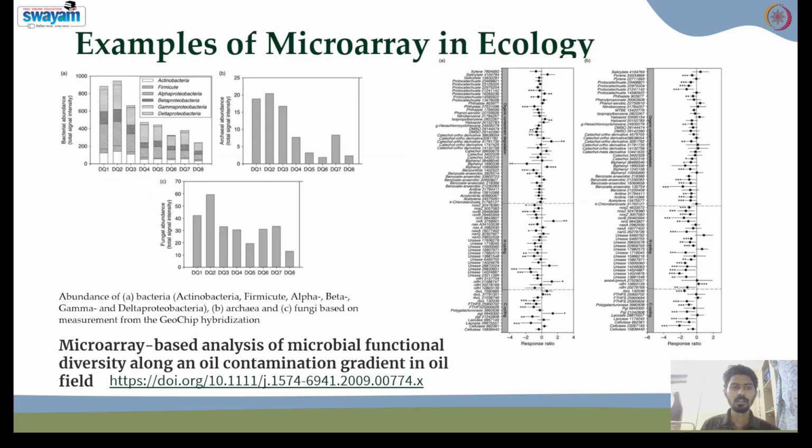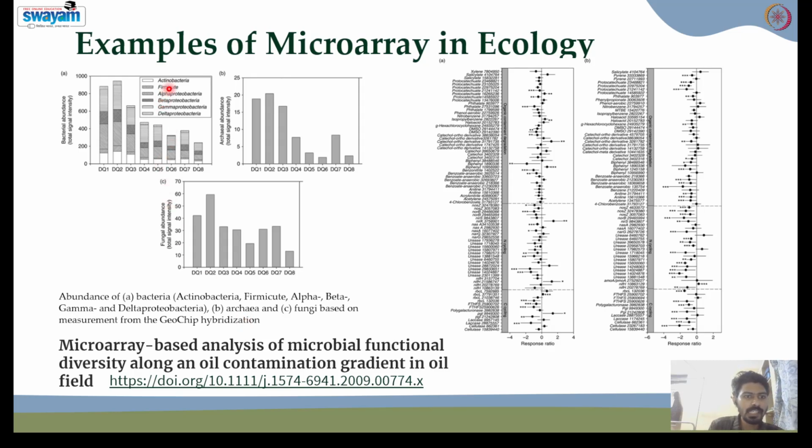microbial ecology. So, as we have seen the concept and techniques, how do we use this microarray technique in ecology? By analyzing the samples, here they took an oil contaminated sample and conducted the microarray. This is GeoChip hybridization, and they found the abundance of the bacteria species.